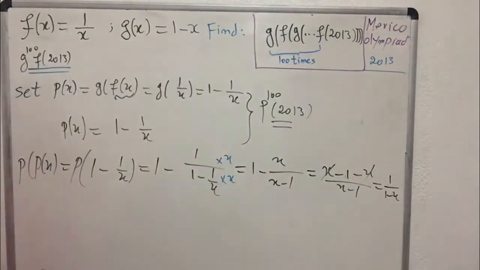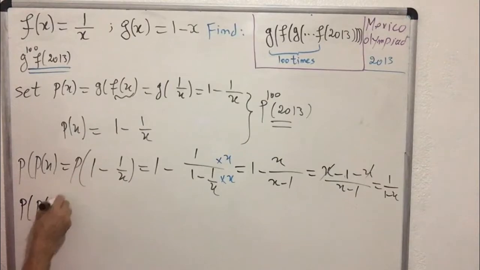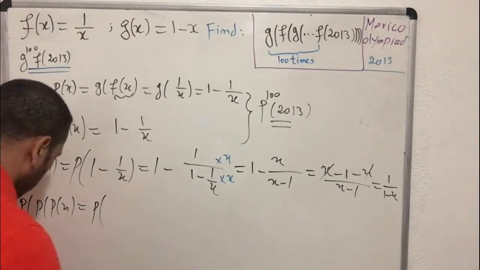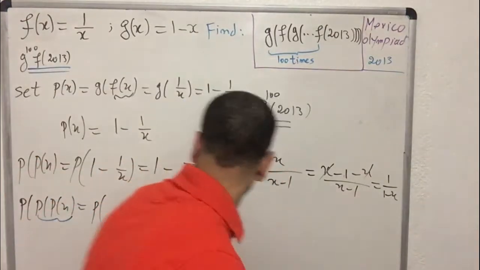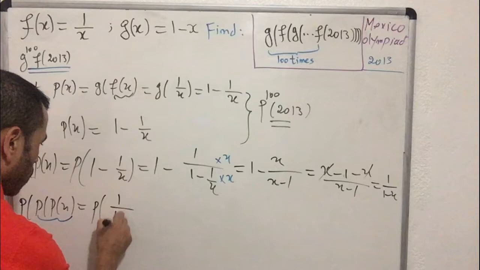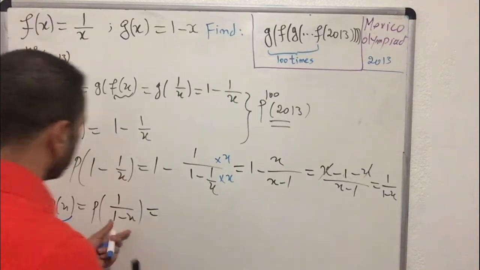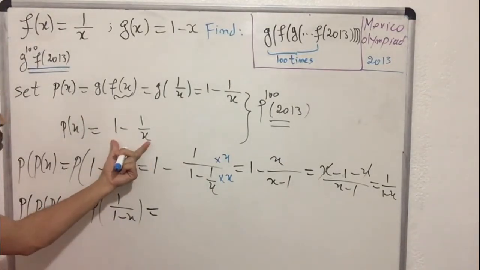Now I'm going to compose this function 3 times with itself. That means p of x, 3 times. This is composed 2 times, and I have its value, so that means p of 1 over 1 minus x. I'm going to replace this into the original function.